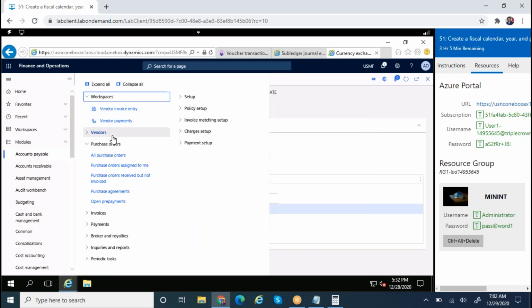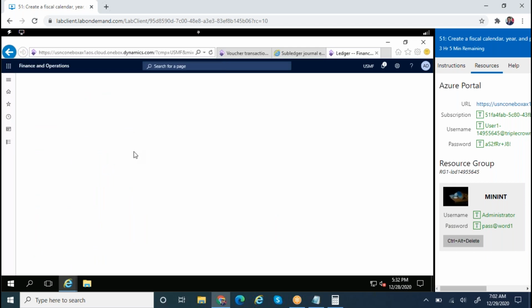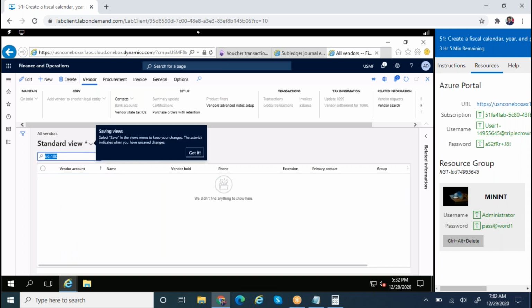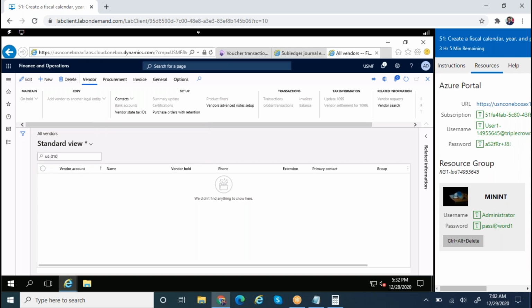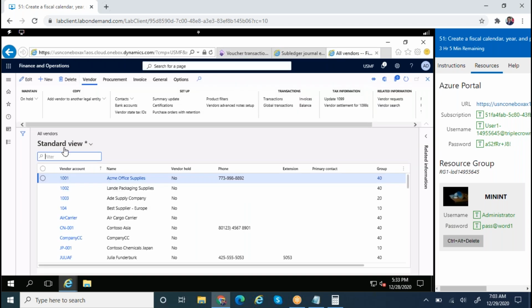Accounts payable, vendors, all vendors, yes, 110 I will take. Sorry, it is 010. Yes, 110, no, sorry.